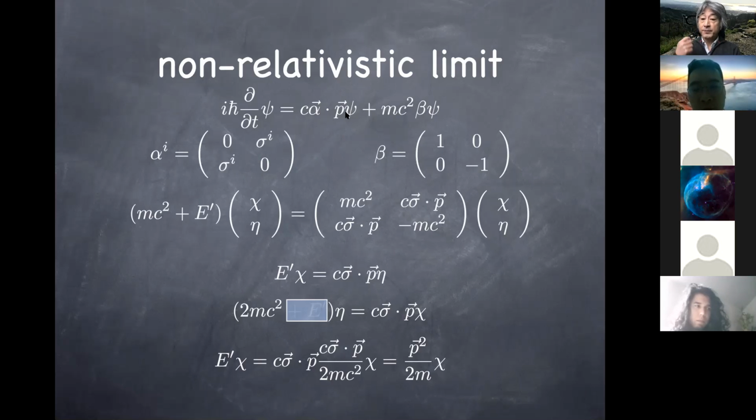Under the change of the phase of the wave function and the change of the vector potential by grad chi, p minus eA transforms covariantly. That's something we talked about already. So replacing p by p minus eA is supposed to give you the correct gauge invariant theory for a charged particle. So let's do that. What we do is look at this equation where p is now replaced by p minus eA.